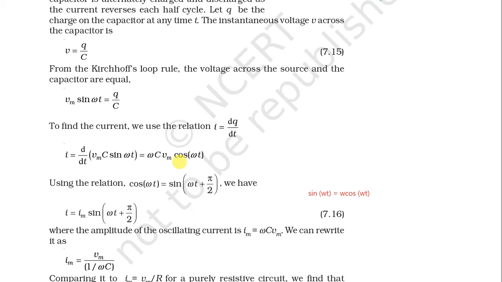Also, one thing will change: omega C into Vm is equal to Im. So we write it in a different form.